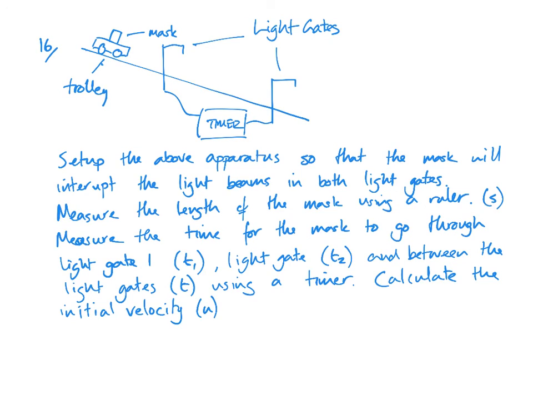Calculate the initial velocity u using S and T1, so the time through the first light gate. The calculation would be u equals S divided by T1, just working out the instantaneous velocity at the first light gate. We're still doing calculations now. The final velocity, which for us is the velocity at the second light gate, the symbol for that is v.